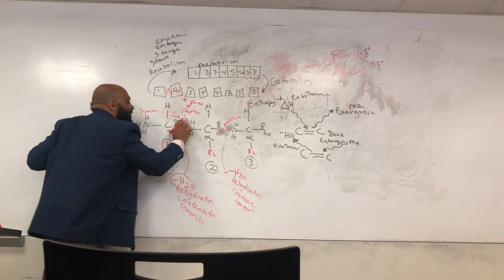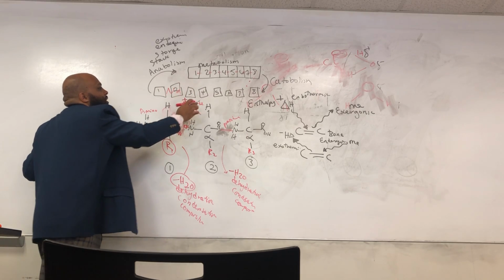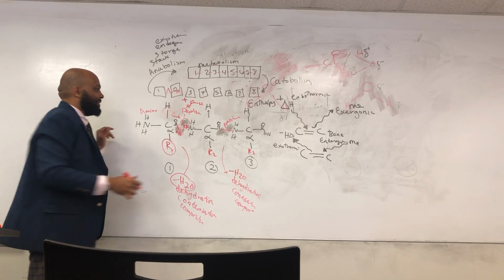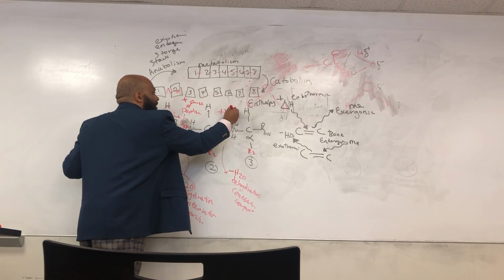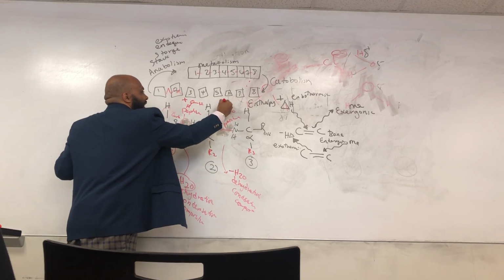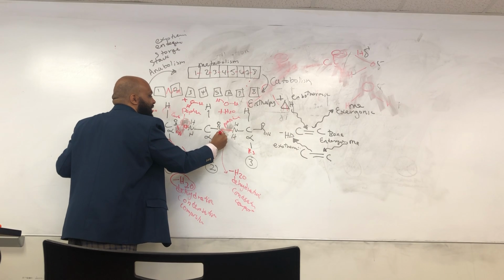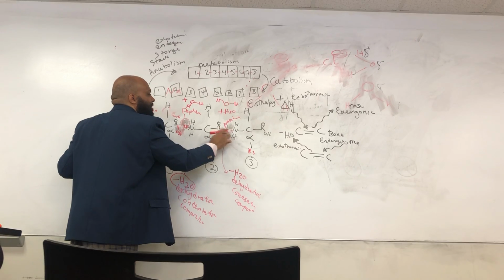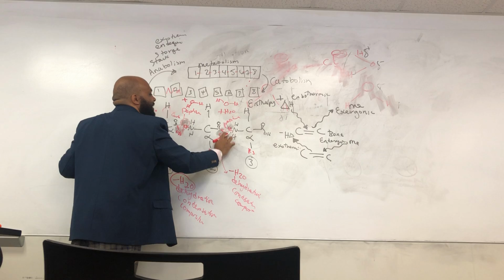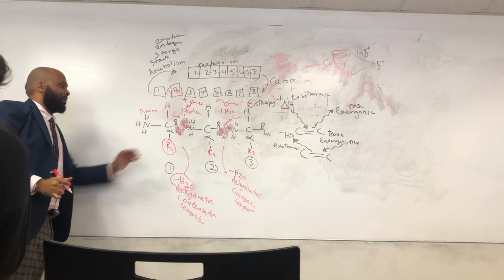And now I separated the bond. It's no longer a peptide bond. Plus water is H2O, H and H. So OH comes here, and H comes here. Now I separate the bond.